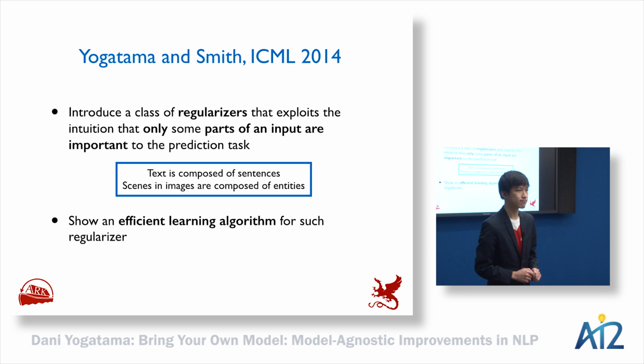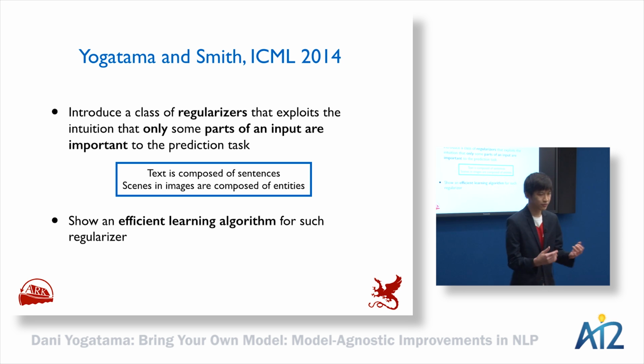Yes? So the idea of taking advantage of structure is intuitively appealing, but why specifically in the context of regularizers? So we want it to be a little bit more general. We could model it as latent variables, for example, right? Each sentence has its own latent variable, and it could be on or off or something like that. But that would require changing the model class, and it would require changing to a non-convex model.